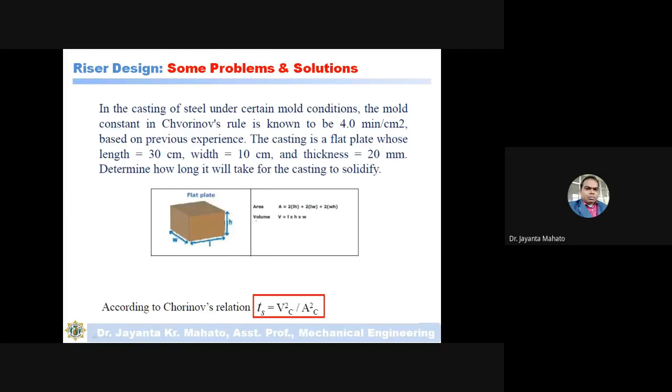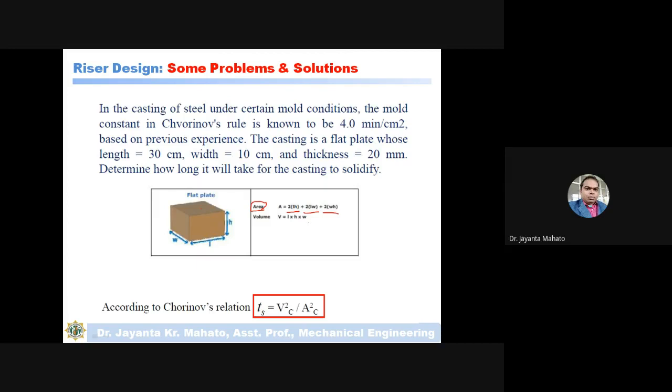So from this formula you can calculate the area of the cast product. Area of the cast product means there are actually 6 surfaces. So total area I have to calculate: two top and bottom, calculated by multiplying width and length, and two are length and width, two are length and height, two are width and height.